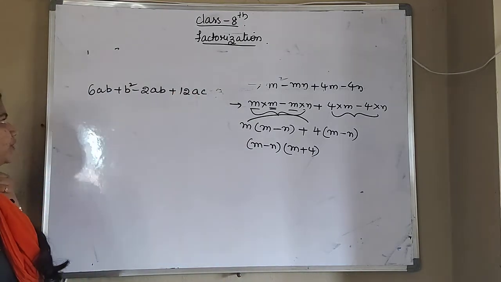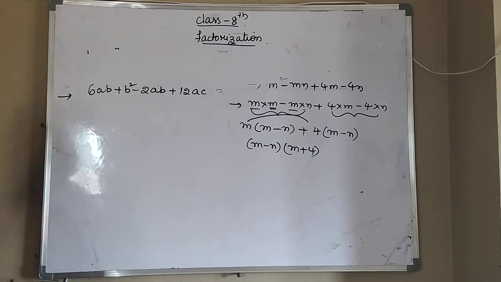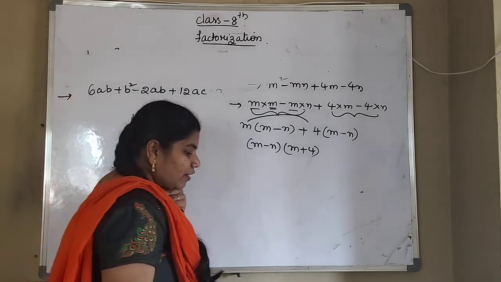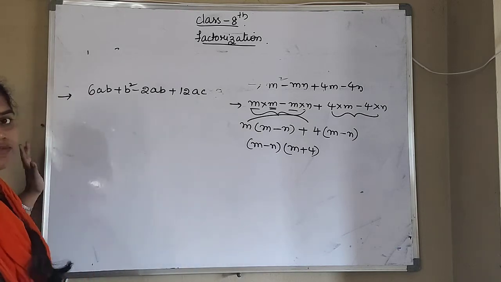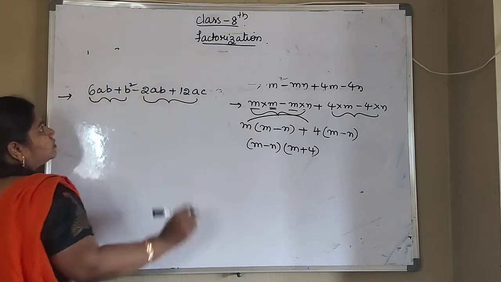Okay, so now what is the problem here? 6ab plus b square minus 2ab plus 12ac. So we have to factorize this. How to factorize this we will see. The same method we have to use to factorize. So the first two terms and here the last two terms.